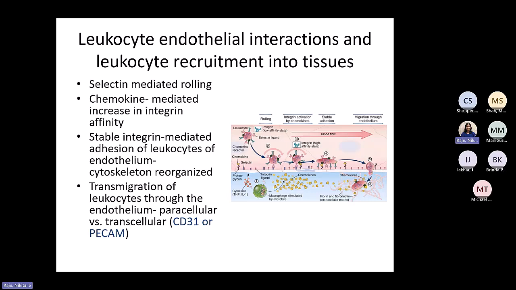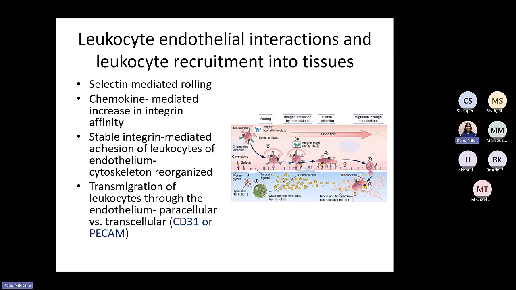So it causes the inside-out signaling, and the affinity of the integrin increases. So there is a stable integrin-mediated adhesion of the leukocytes to the endothelium so that it comes to a complete stop. Once it comes to a complete stop, there is transmigration of those leukocytes through the endothelium. It can be between the endothelial cells, which is called paracellular, or it can be through the endothelial cell, which is called transcellular.